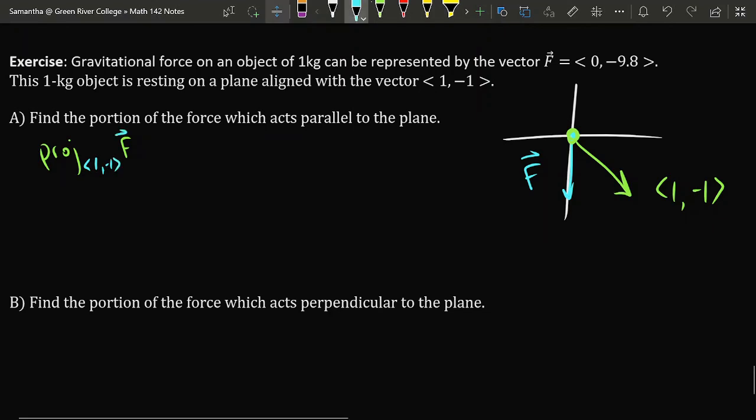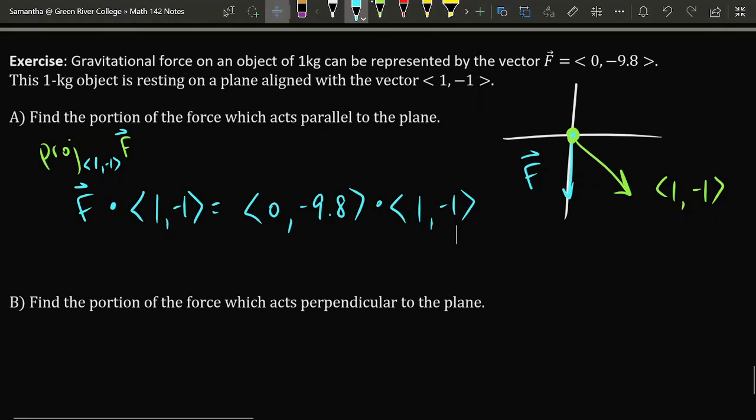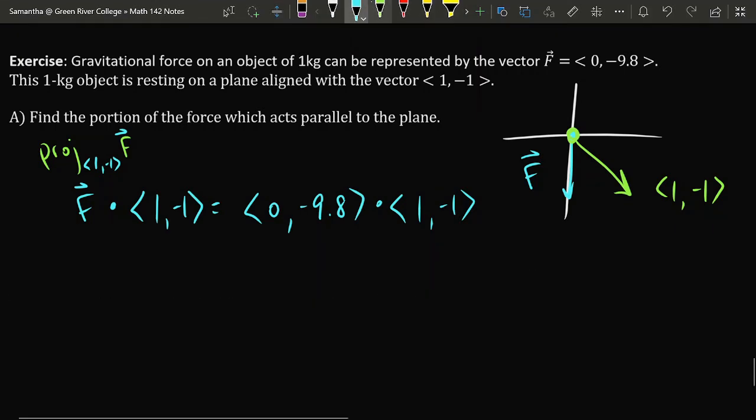To find the projection, I'm going to start by taking the force vector 0, negative 9.8 and dotting it with the vector 1, negative 1. The result of that is just the number positive 9.8.